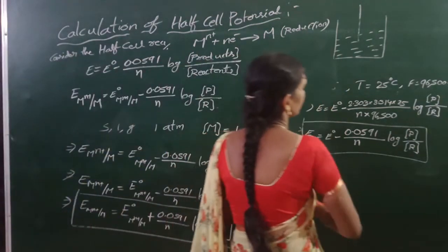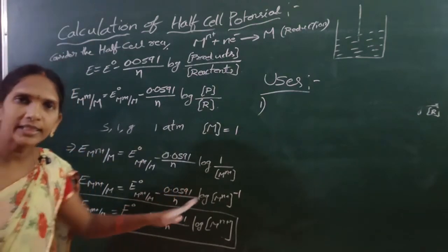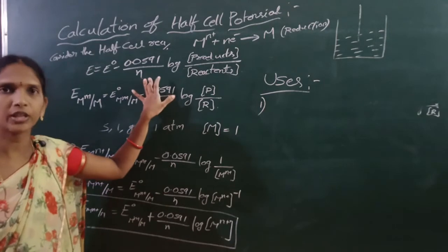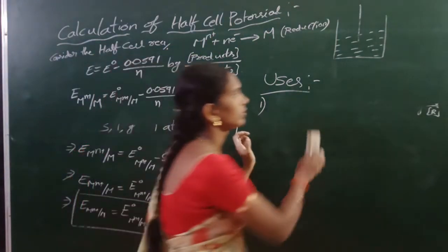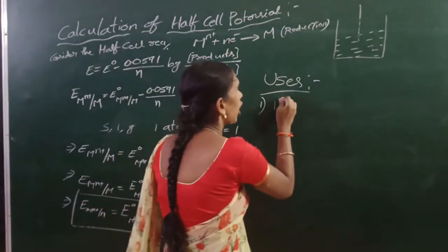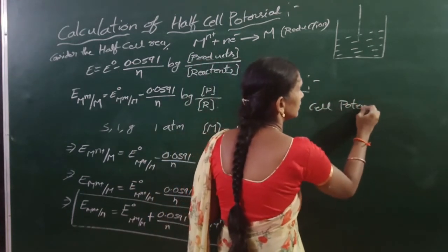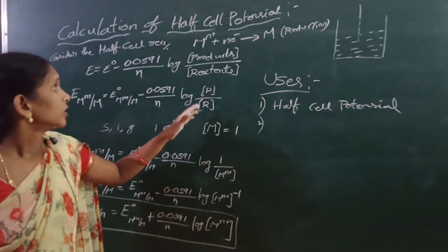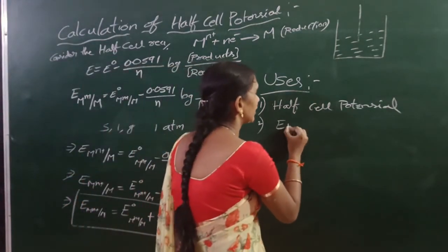Next, uses. The first use is that by using this Nernst equation, we can calculate the half cell potential. The second use is that we can calculate the EMF of the cell.